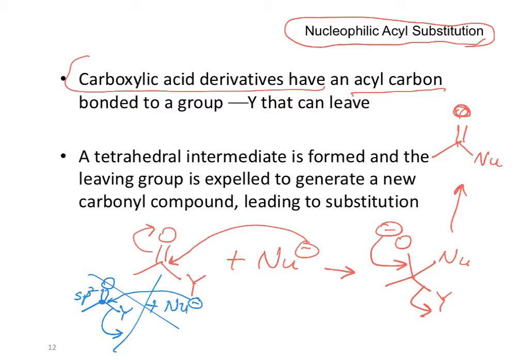The nucleophile has to come in at a specific bond angle for the reaction to take place. Your sp2 center is completely planar. Attack takes place from the nucleophile from top or bottom, and then it goes through. You do have to form this sp3 hybridized intermediate, and then your leaving group is expelled to generate a new carbonyl compound, which leads to the substitution. Okay, so keep that in mind.